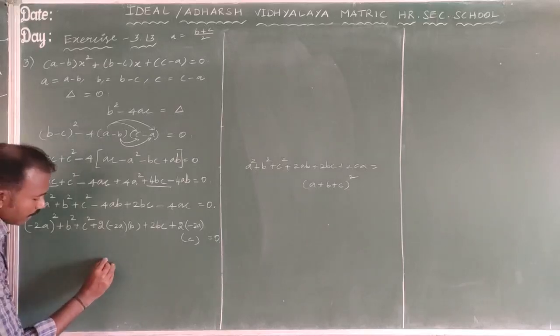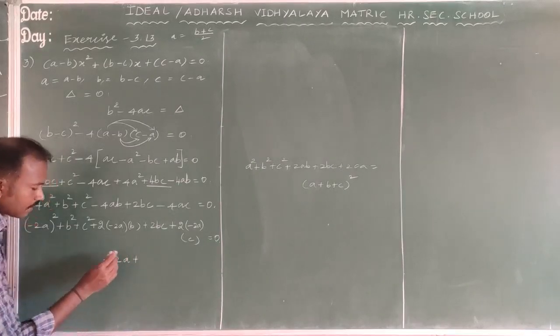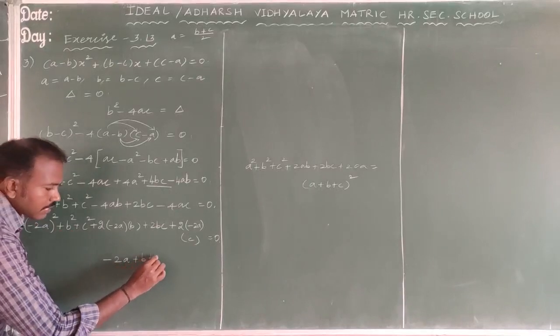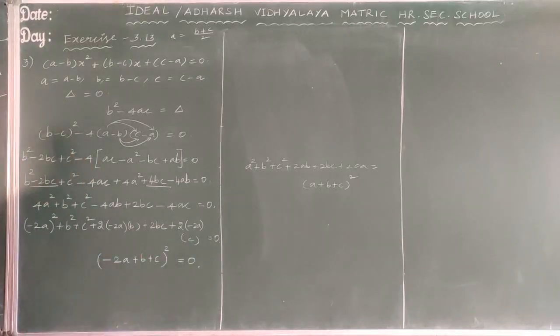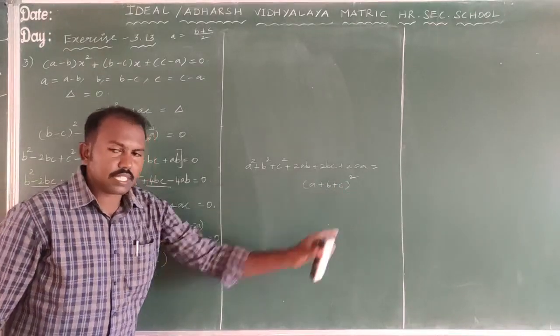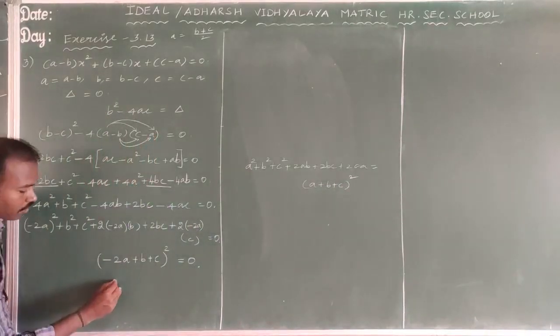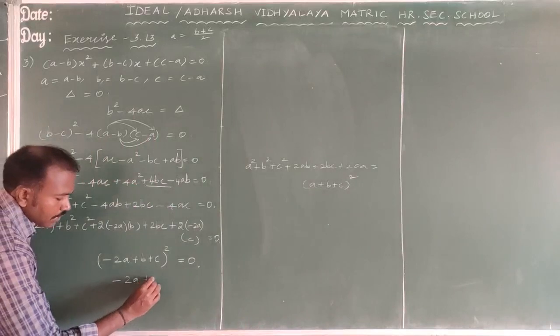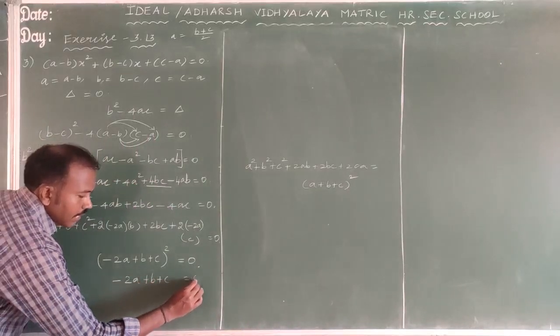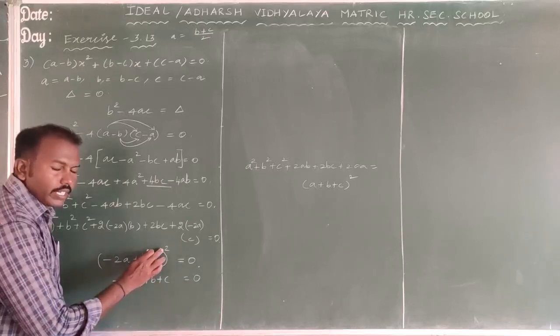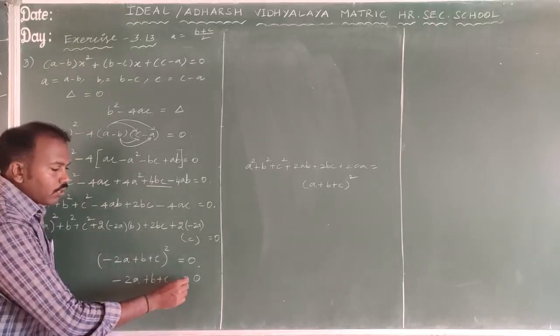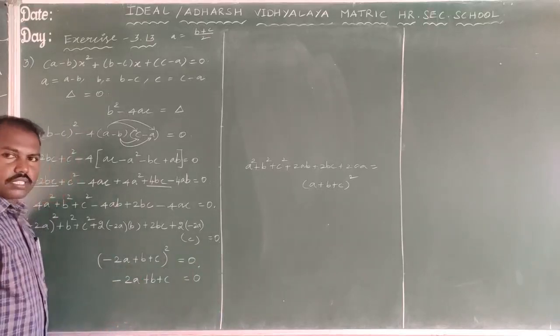So minus 2a plus b plus c the whole square is equal to 0. That is the right hand side, a plus b plus c the whole square. Here minus 2a plus b plus c is equal to 0. The square on the right side, when we take the root, the square root of 0 is equal to 0.